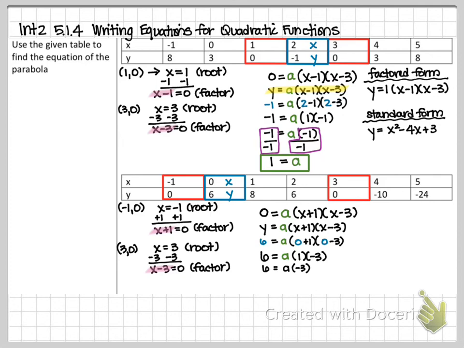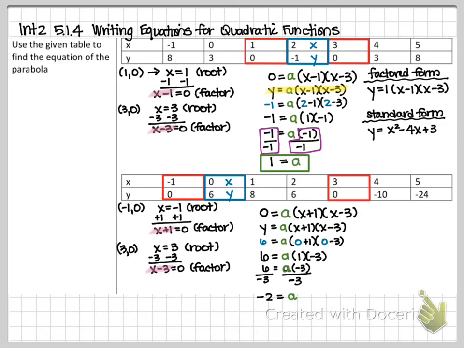Now, we have to make sure that we divide because, remember, this is in factored form, it's all multiplied together. So to get rid of the negative 3, we're going to have to divide, because that negative 3 is currently being multiplied to the a. On the left-hand side, that's going to give me negative 2 equals, and at this point, you definitely want to divide by what's there, that's going to give us a.